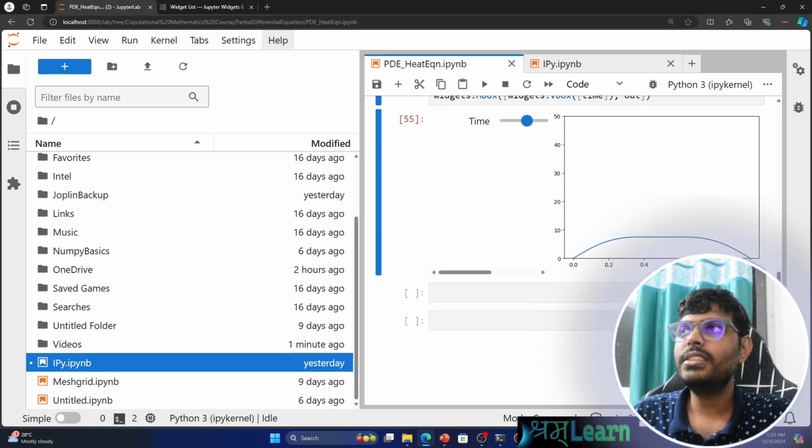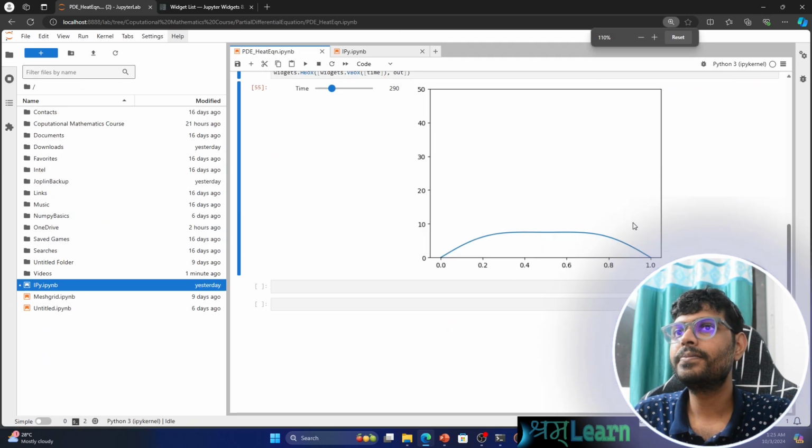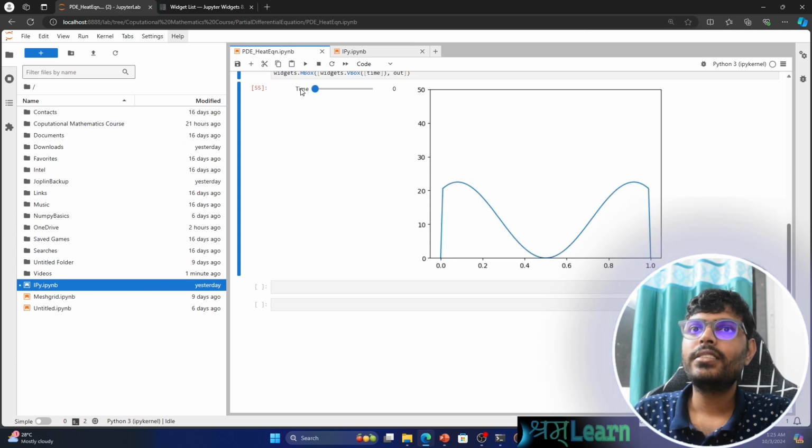So it is not visible now, it is visible I guess, right? So this is how it is going to evolve. So in between, that rod has 0 degrees Celsius.